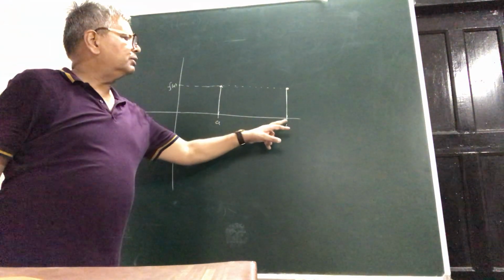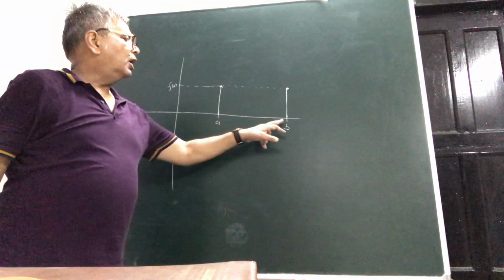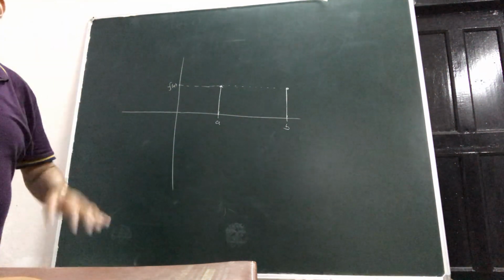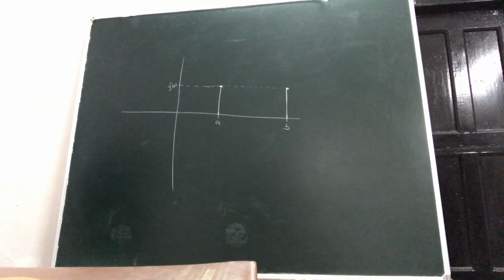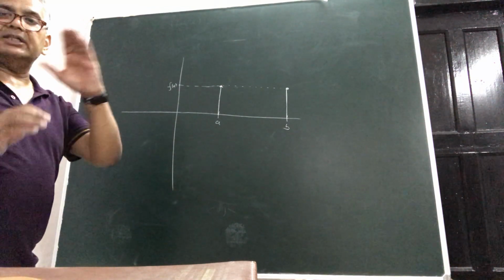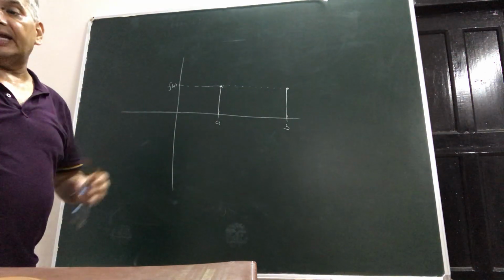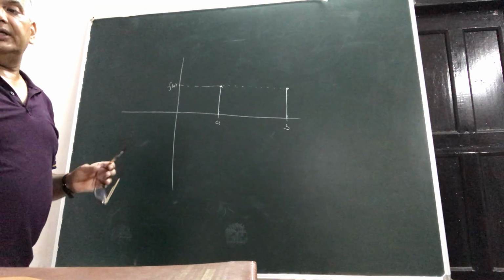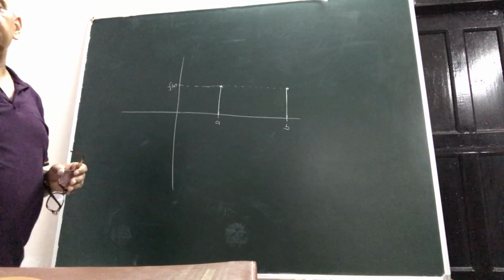Between a and b, the function in the open interval (a, b) is differentiable. Differentiability demands that everywhere on the curve you can draw a tangent. Continuity demands that there shouldn't be an abrupt change in the value.